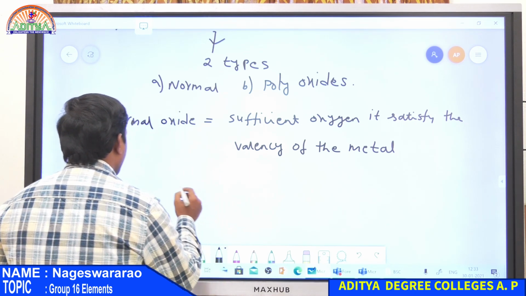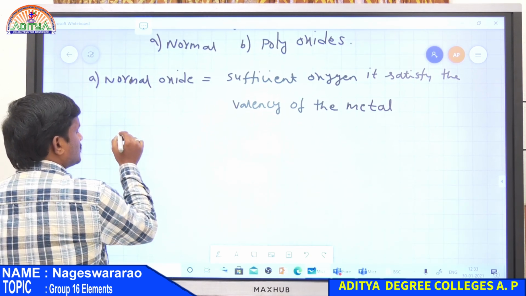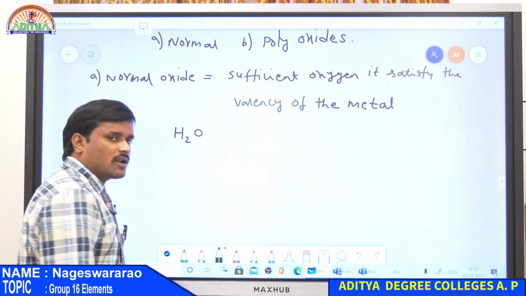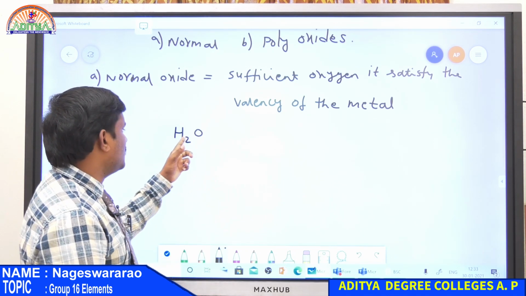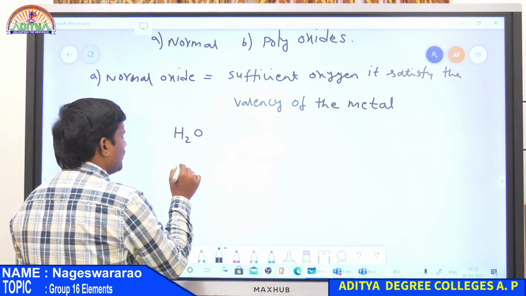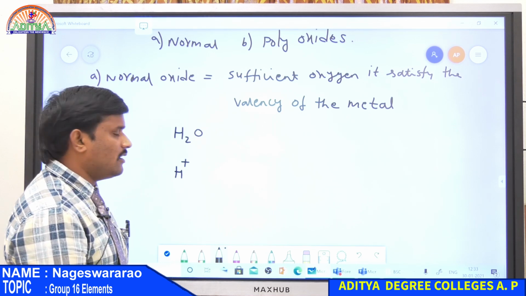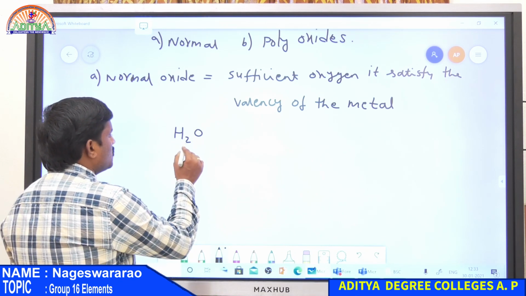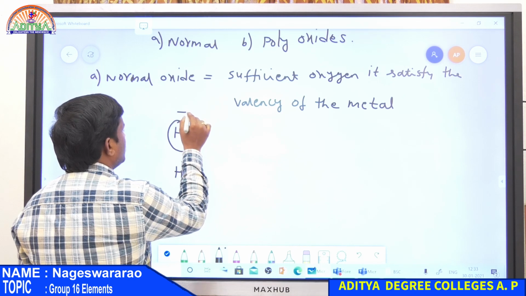Look at the examples. First of all, H2O, the water molecule. This is an oxide because it is binary, with hydrogen as well as oxygen. Here H always has a +1 oxidation state because it is a first group element with only one electron; on removal of that electron it becomes H+. Here there are 2 moles of hydrogen, therefore the total charge on hydrogen is +2.